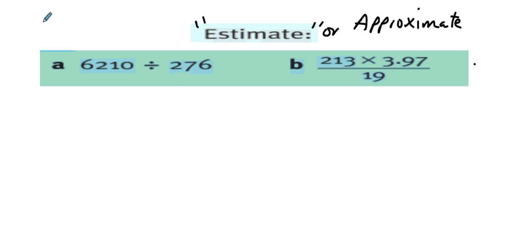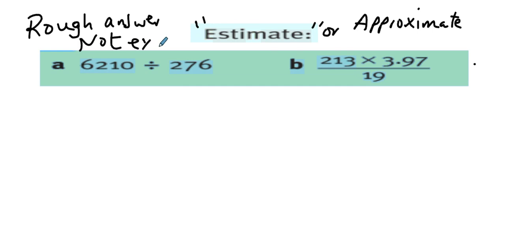That means find a rough answer for that. Not exact. So don't waste your time taking a calculator then divide. No. Here they use the concept of rounding to correct to one significant figure.